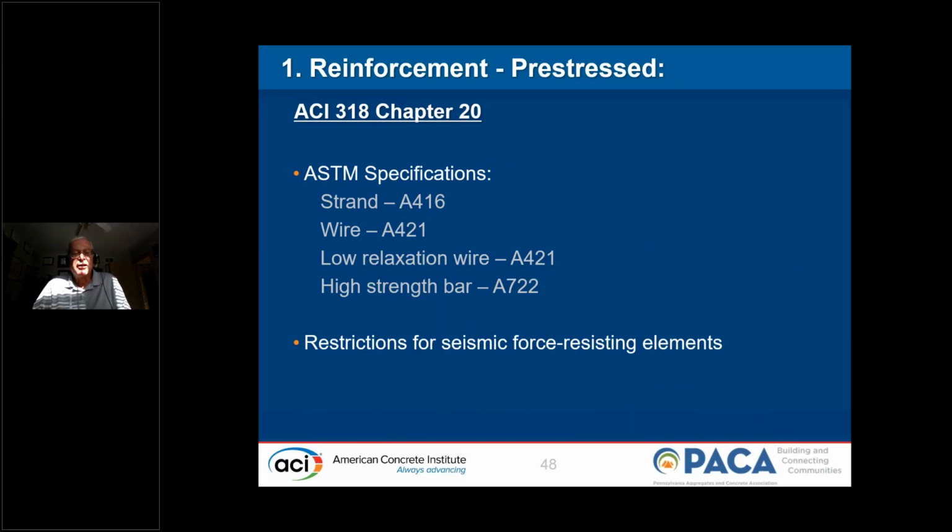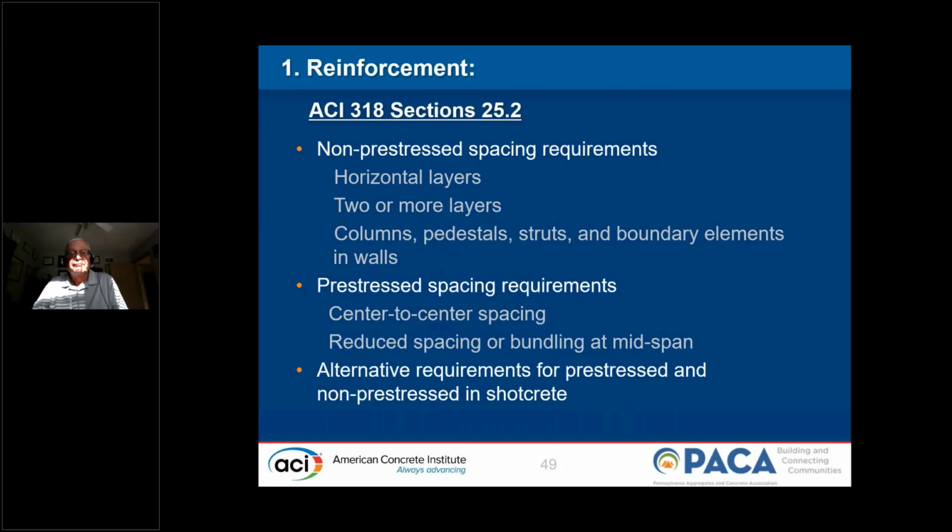Chapter 20 goes into further detail when we're looking at strand, wire, low relaxation wire, and high strength rebar for pre-stressed concrete. And that pre-stressing includes post-tensioned concrete. So the non-pre-stressed spacing requirements are provided. There's limitations for how many layers, how close the layers can be, what happens when you have multiple layers in columns, pedestals, struts.